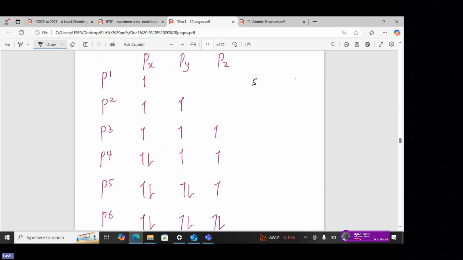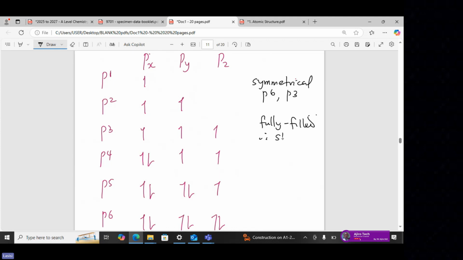Between p1 to p6, p6 and p3 are equal. They are symmetrical. In p3, all of them are 1, 1, 1. What about p6? 2, 2, 2. They are fine. Is that okay? Which of them will be a strong oxidizing agent? No, before then, which of them is fully filled and stable? Fully filled.